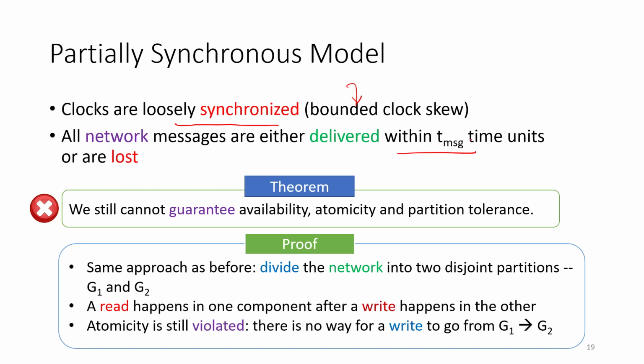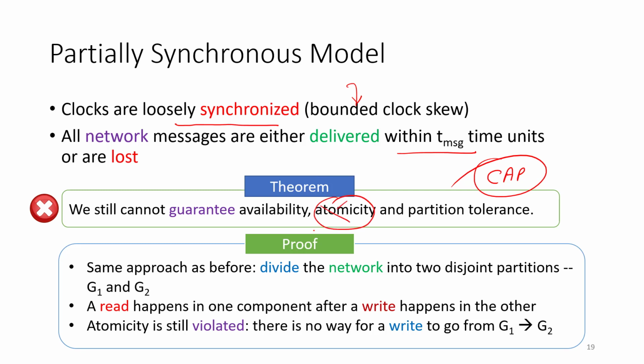The theorem is we still cannot guarantee CAP. All three still cannot be guaranteed. The idea is the same. We divide the network into two disjoint partitions, G1 and G2. A read will happen in one component, a write in the other, as we have seen. Given the fact that the write cannot propagate to the other component, let's say from G1 to G2, we will never be able to provide the up-to-date values.